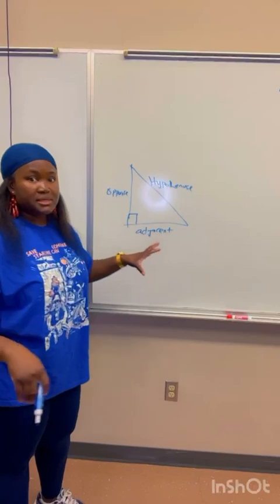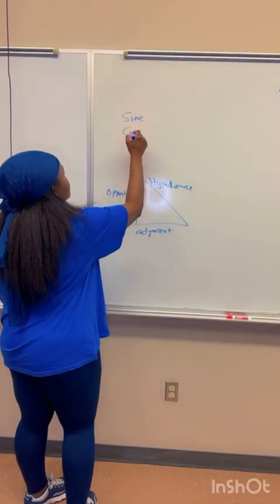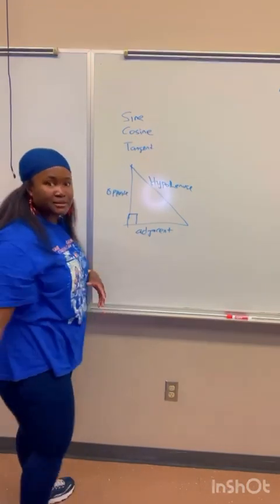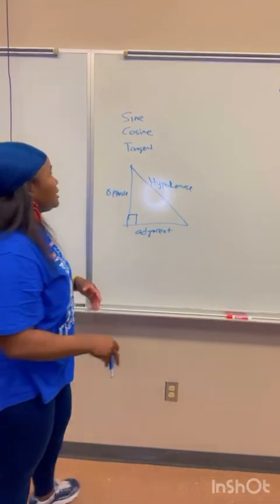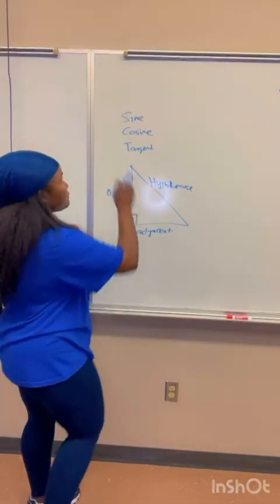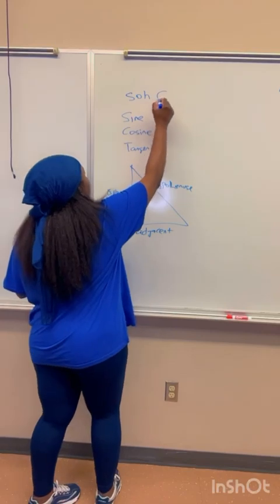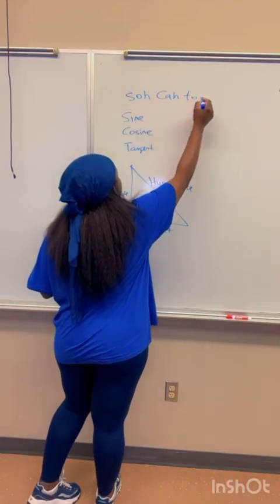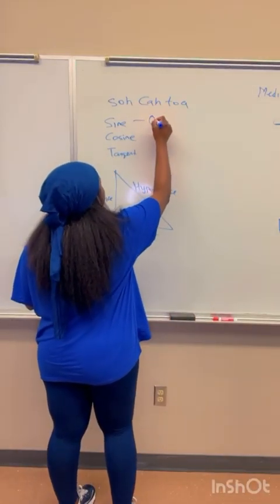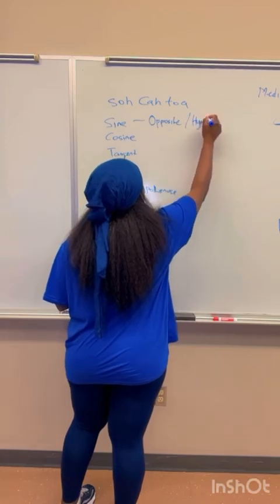And these properties can help us calculate sine, cosine, and tangent of an angle, okay? And I will say something that will help you remember the formula. For sine, the entire formula is SOH-CAH-TOA. So for sine, we have O stands for opposite by hypotenuse, okay?